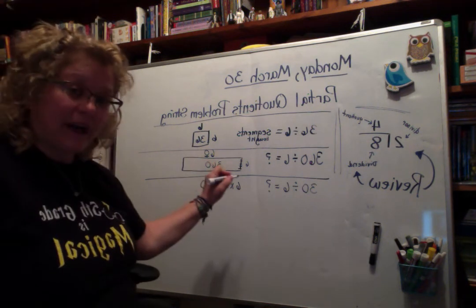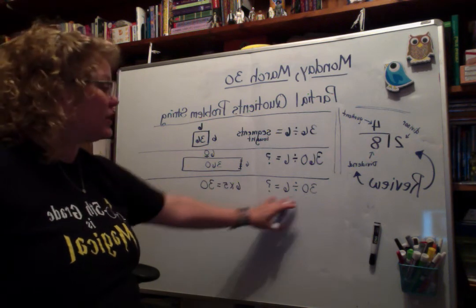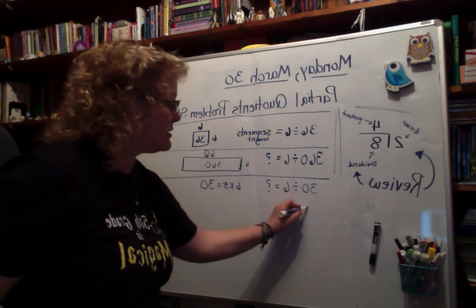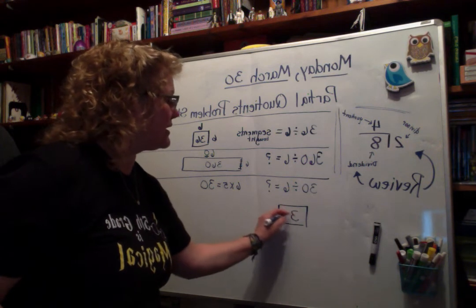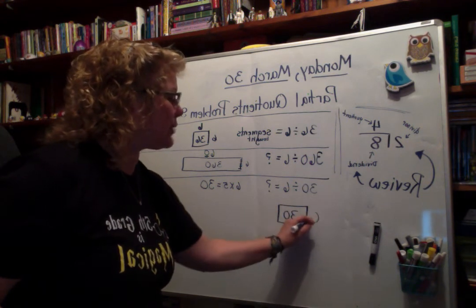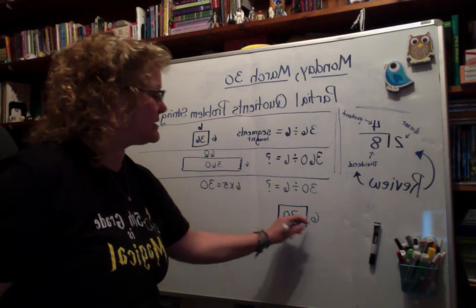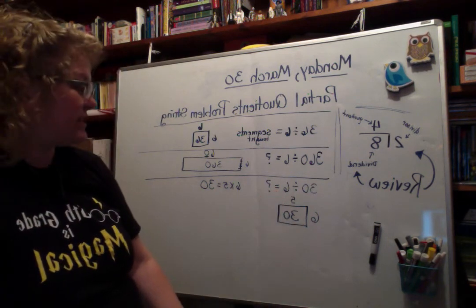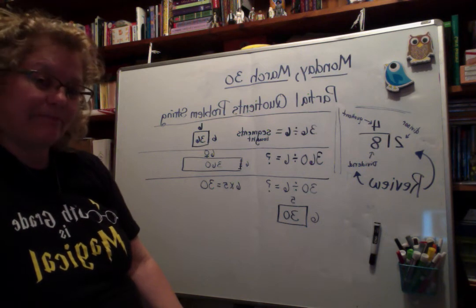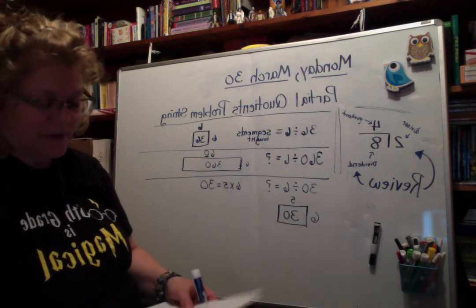But if I'm drawing that picture, what is this picture going to look like right here? Whole number, group of 30, breaking it down into 6. I would have 5 sections of 6 that way, right? That's how we know that.